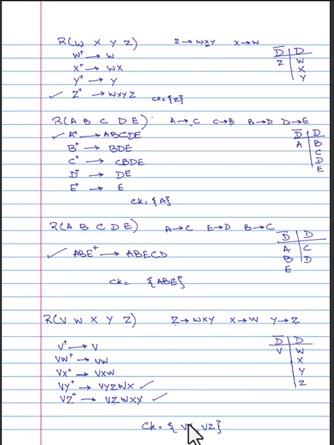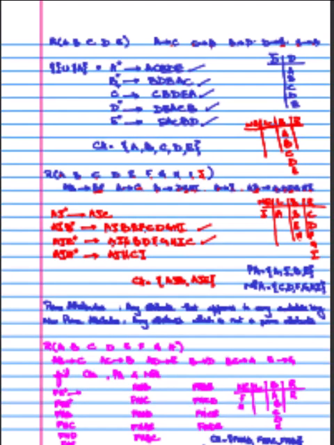If it is not a single attribute, we take the composite attribute with the minimum size. So these are the two composite attributes with the minimum size that identify all the other attributes. We can select either VY as a primary key or VZ. The option is up to you.